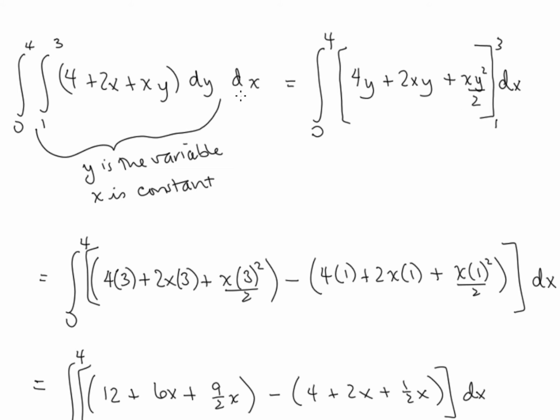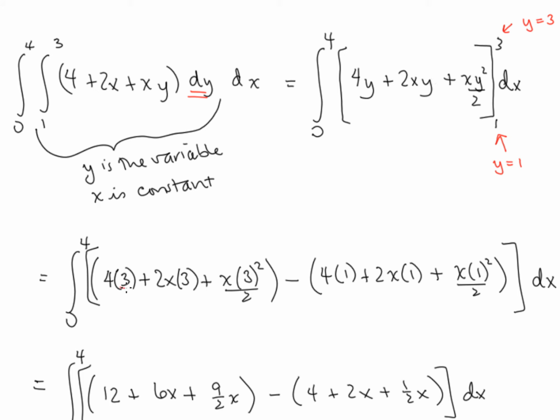And now we have to plug the bounds in of 1 and 3. And this is really important. I want to point out here, don't be confused by these bounds. Where are these bounds getting plugged into? This came from the integral on y. This is saying y equals 1. This is saying y equals 3. The 1 and the 3 get plugged in for y.